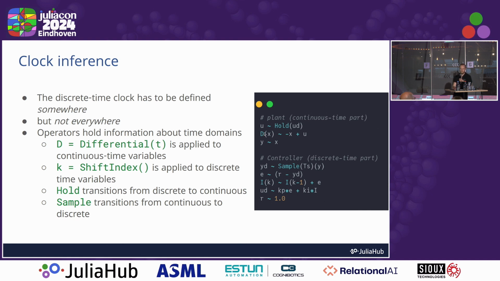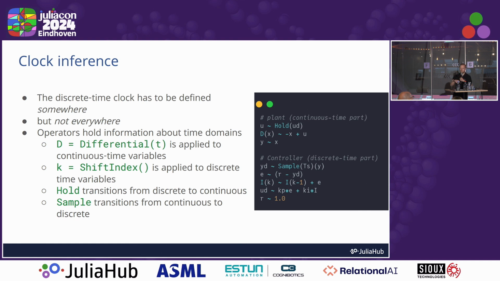We know that we can only apply a differential operator to a continuous time variable. So therefore, X must be continuous time. Y does not have any such information associated with it, but Y appears in an equation together with X. So therefore, this equation must be a continuous time equation, and therefore Y must also be a continuous time variable. So modeling toolkit does this for you, and this is what we refer to as clock inference.